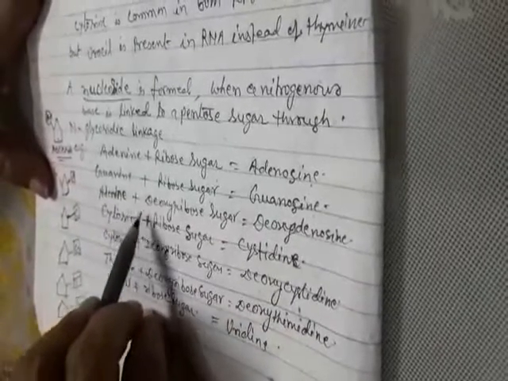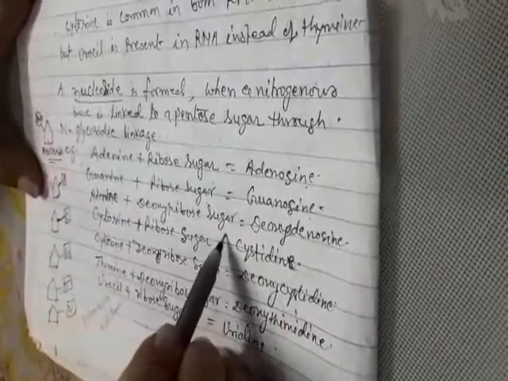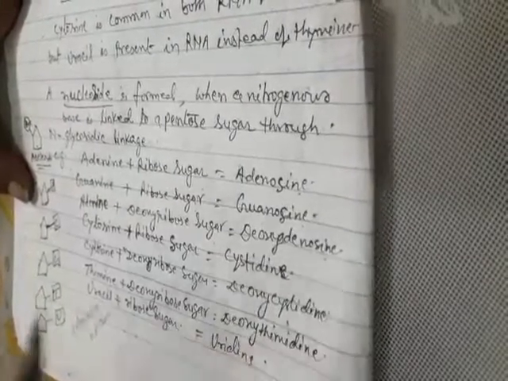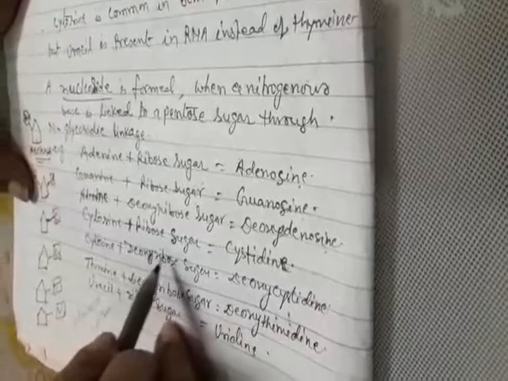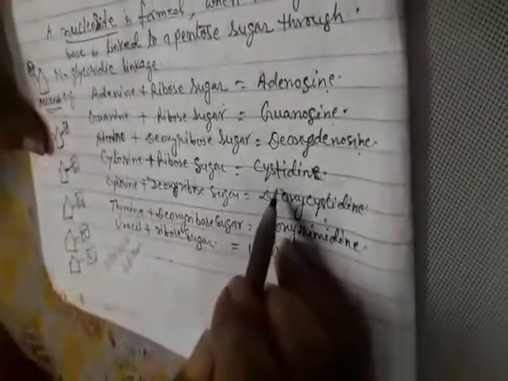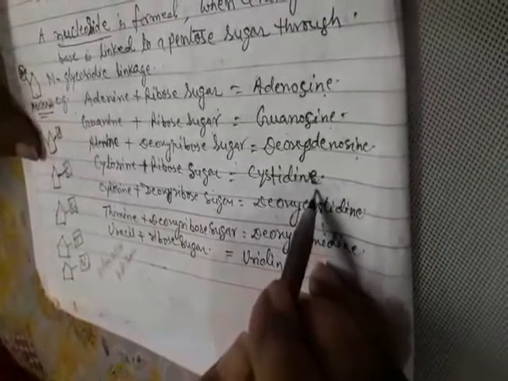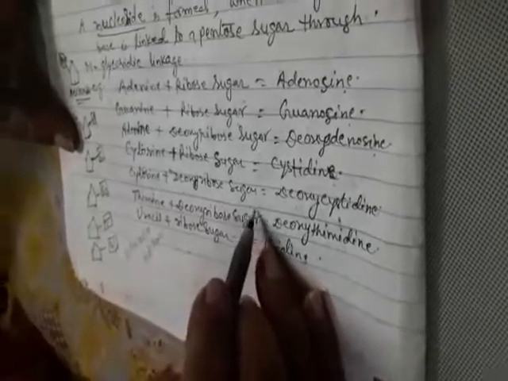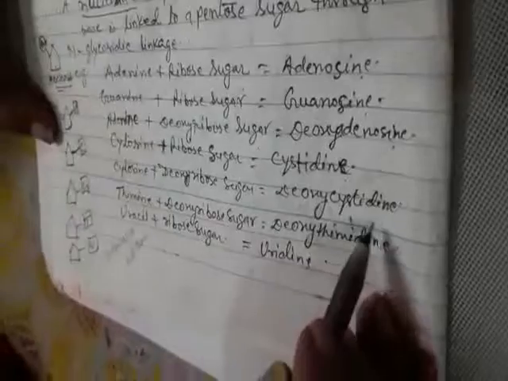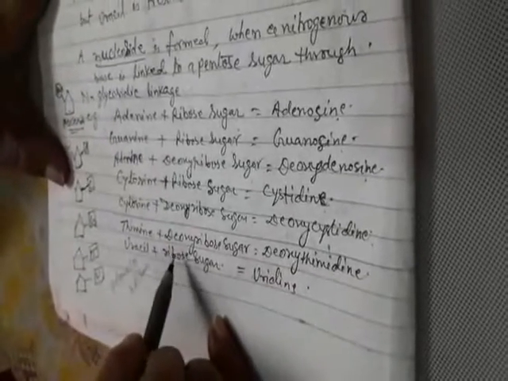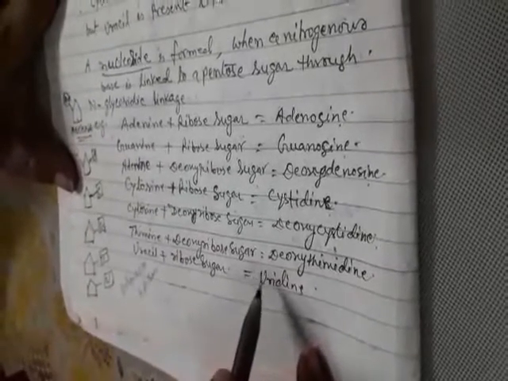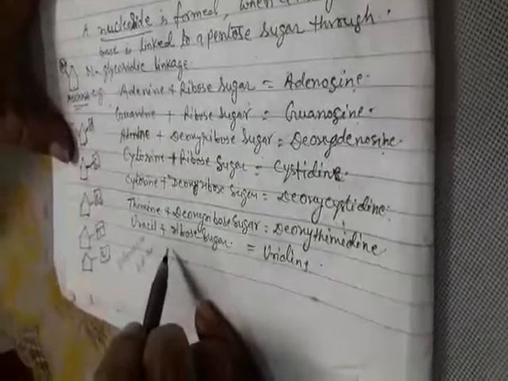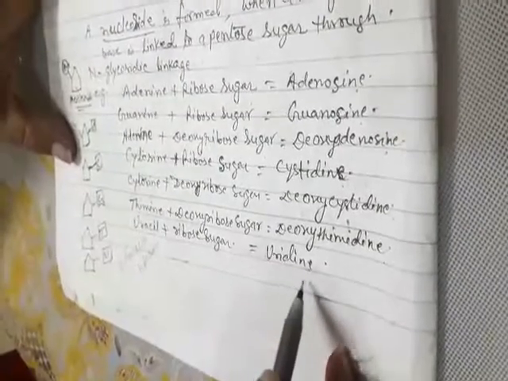Adenine plus deoxyribose sugar, deoxyadenosine. Cytosine plus ribose sugar, cytidine. Cytosine plus deoxyribose sugar, deoxycytidine. Thymine plus deoxyribose sugar, deoxythymidine. Uracil plus ribose sugar, uridine.